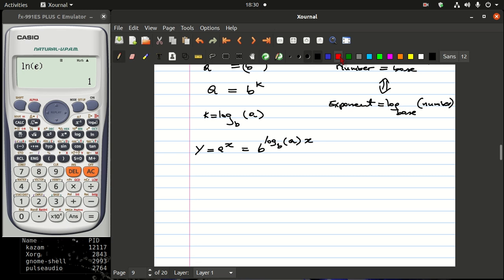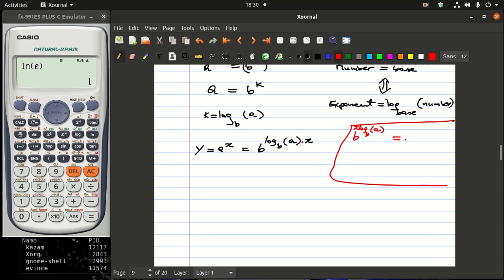Let me make a simple example on the side here. What do I mean? And the use of these laws. If I have b to the power log base b of a times x, I can always place that x that side. It doesn't matter, this and that is the same because it's multiplication there, so I can put it first here.